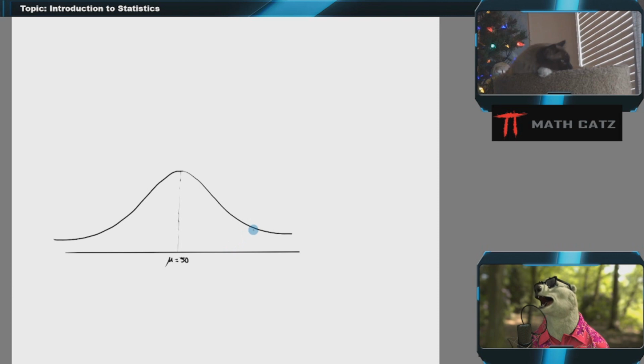Now our cutoff will be over here, so that the tail here is alpha, which is 5% or 0.05. So first we need to find out what this cutoff z-score is.